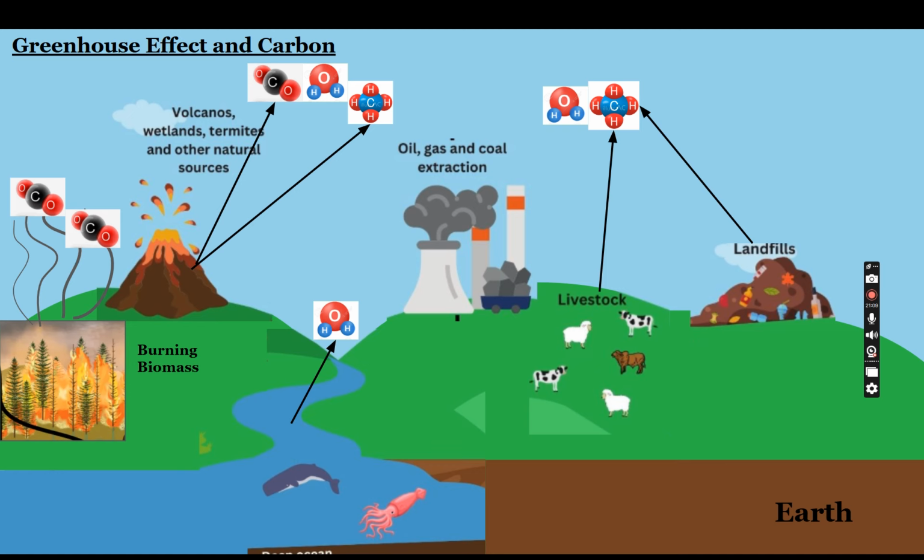Now, the problem is that when oil is burned or gas is burned or coal is burned, guess what? It's releasing carbon dioxide and methane into the air. So oil and gas and coal, through the Industrial Revolution, have sped up the process of our planet getting more and more greenhouse gases. There are more greenhouse gases than ever before on our planet because of the burning of carbon.